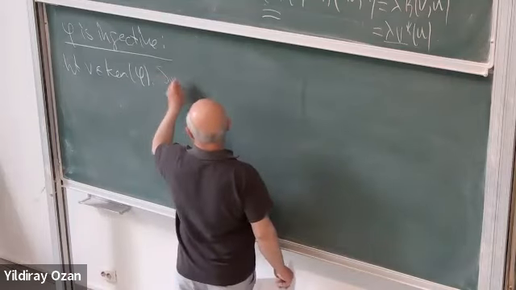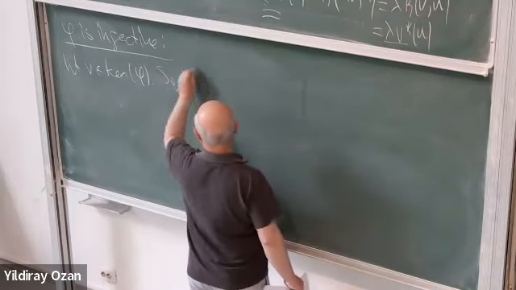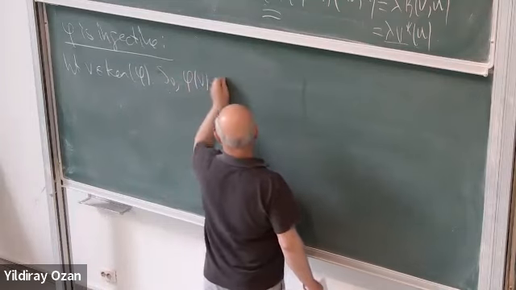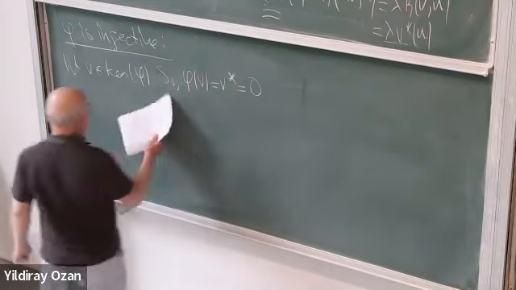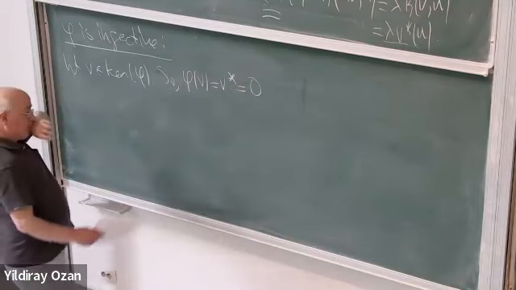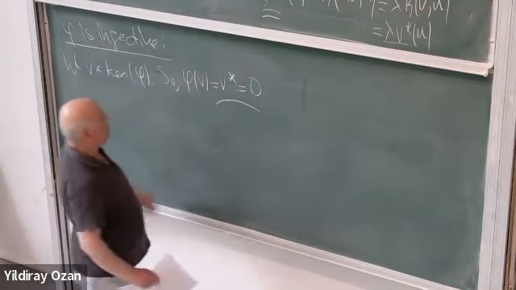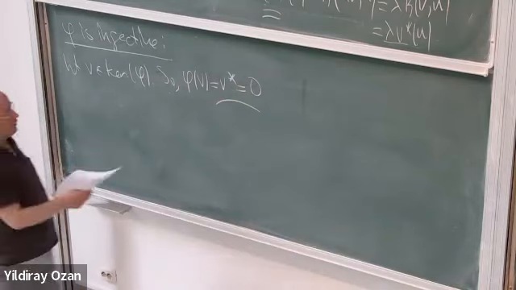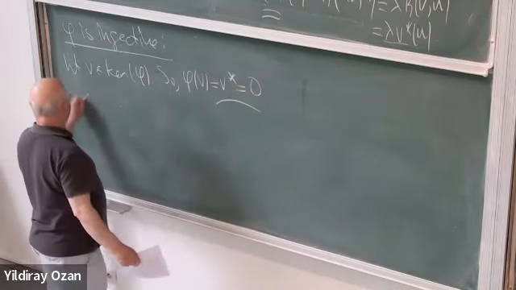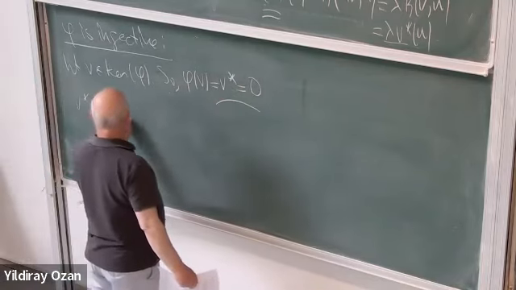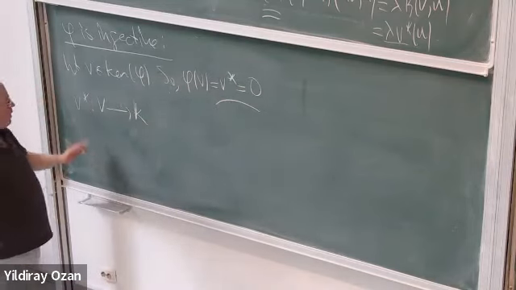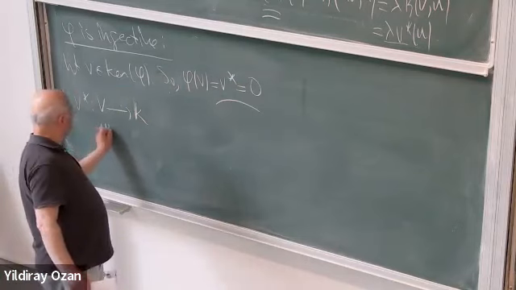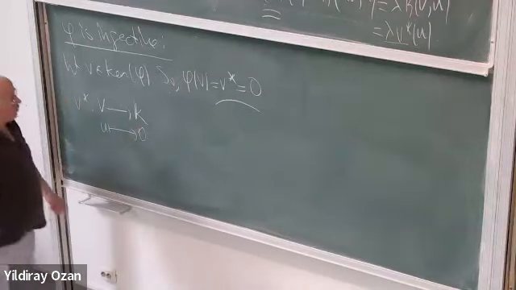So, this thing is the zero element, right? It's in the kernel, means this. But this is zero in the dual space means what? V star is a map from U to K, and this is zero means it sends every element to zero, right?